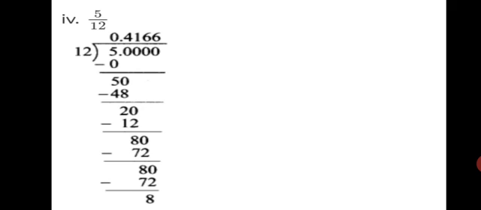Yes, your answer will be 5 upon 12 is equal to 0.41. Will we write 6666 continuously? No. On top of 6 you will put a point saying that it is repeating in the quotient. So let's see. 5 upon 12 is equal to 0.416 and above 6 a dot.